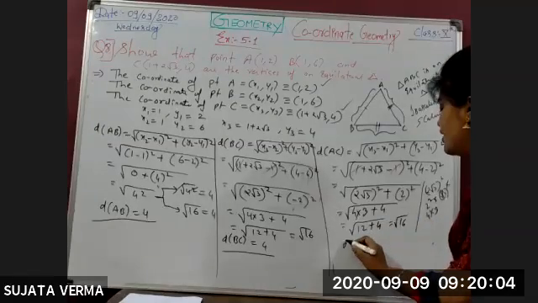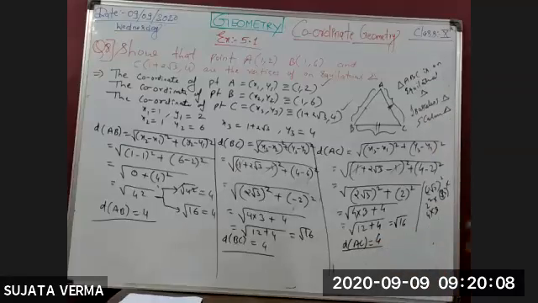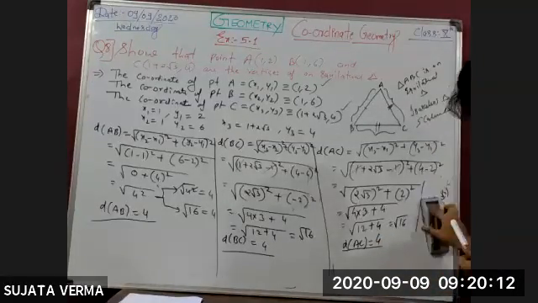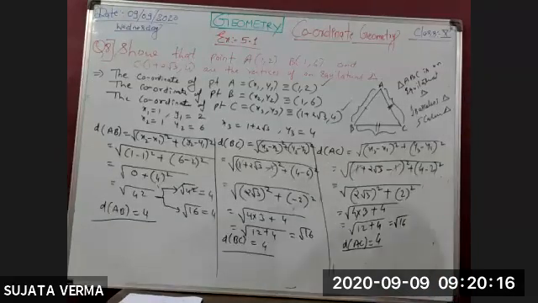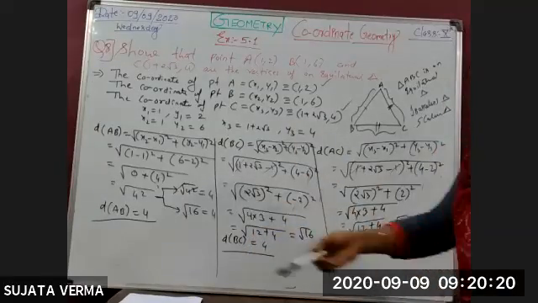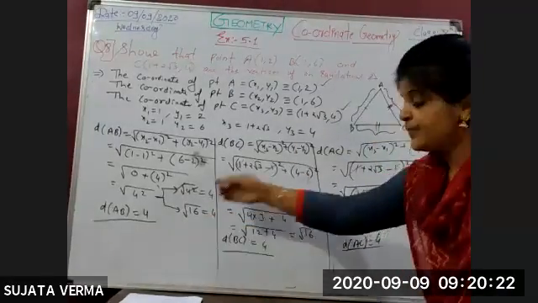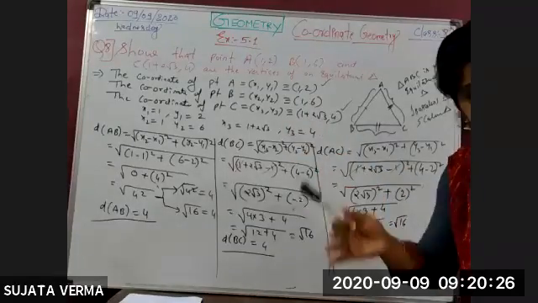And the square root of 16 is equal to how much? 4. Okay. Now finally we get the distance of AB, AC and BC. From this what we conclude? We conclude that distance of AB, distance of BC and distance of AC are all equal.